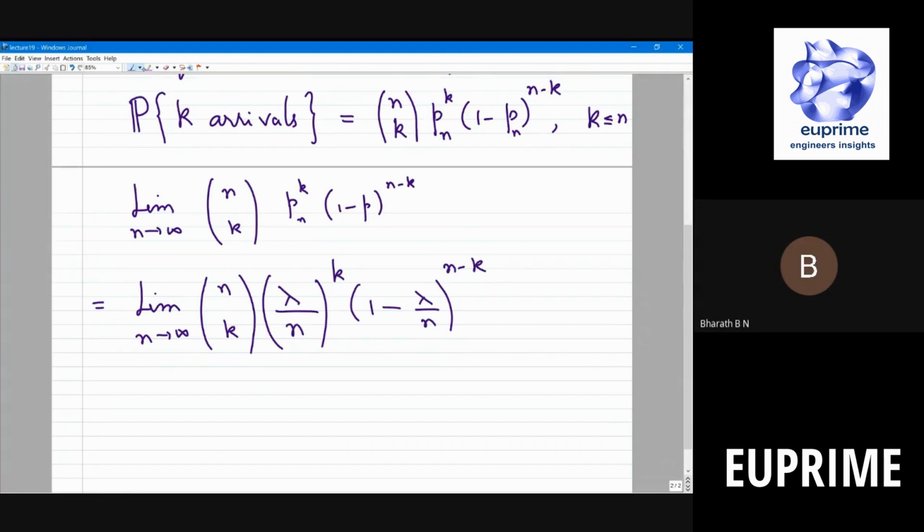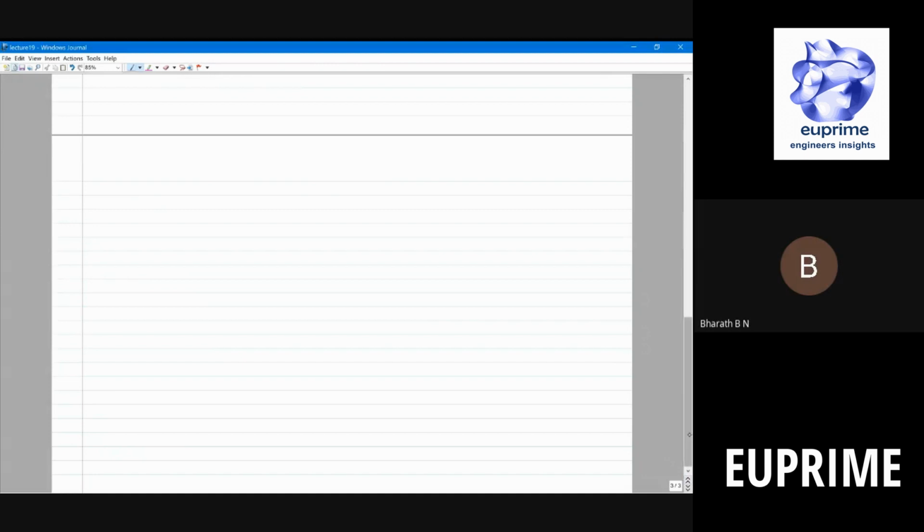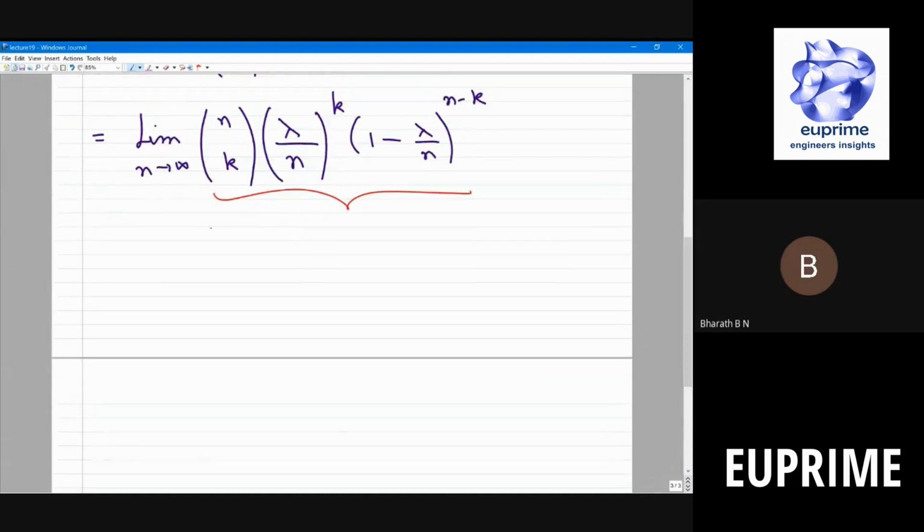So what I'm going to do is write it in a different color, without the limit. Let's see what happens. The first one, n choose k, is n factorial divided by (n minus k) factorial times k factorial, right?